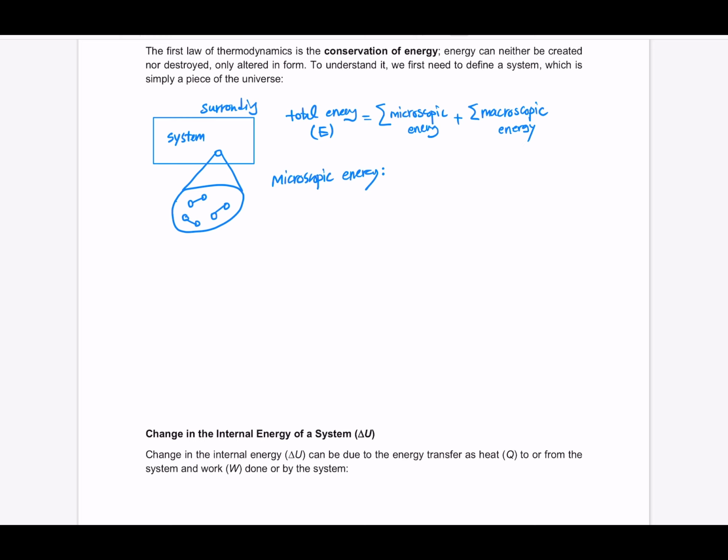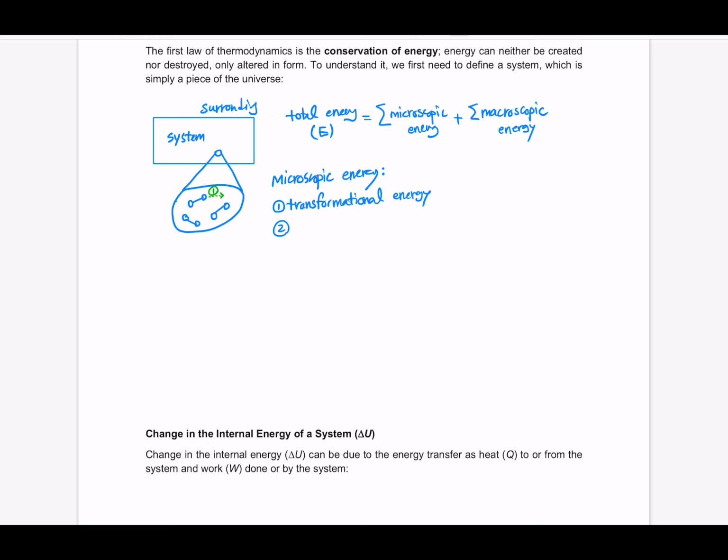The first one that you've probably seen is basically that the molecules can move. So this is basically the translational energy. What else? Something related to the microscale features of the molecules.